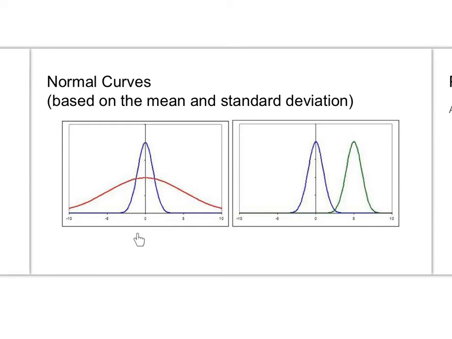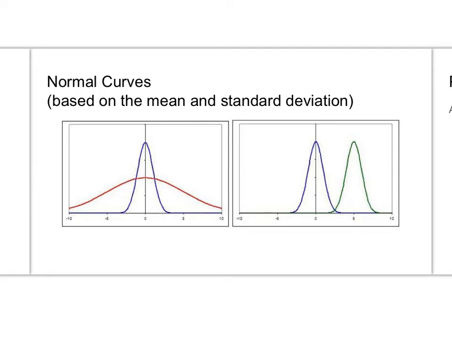But we could say that they have different standard deviations because as you look at the red graph, the area bounded by that graph is wider than the area bounded by the blue graph. That means in the red graph, the values are more spread than the values within the blue graph.